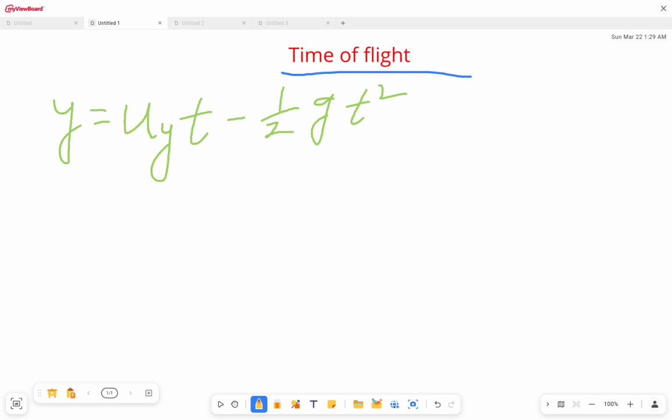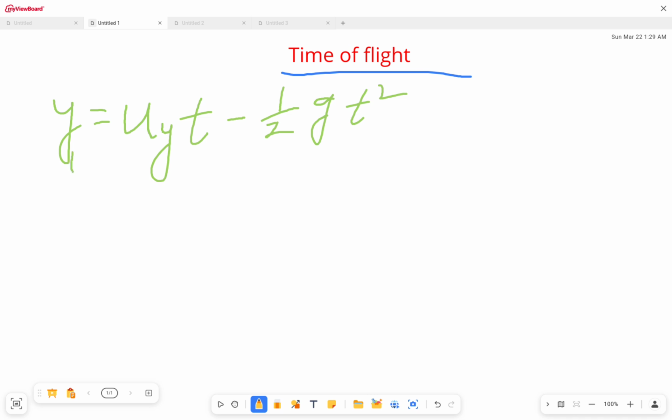We are considering the y components because it will be helpful for finding the time of flight, and here we are taking minus g because during the motion of the stone the gravitational force will try to pull it downwards, so there will be a negative acceleration on that stone.